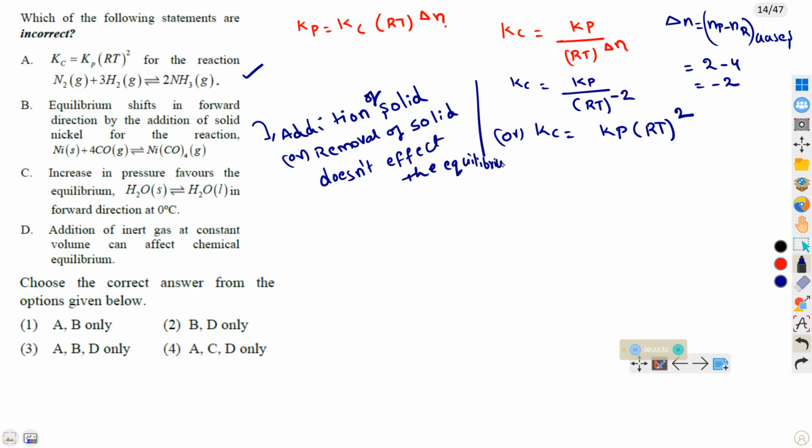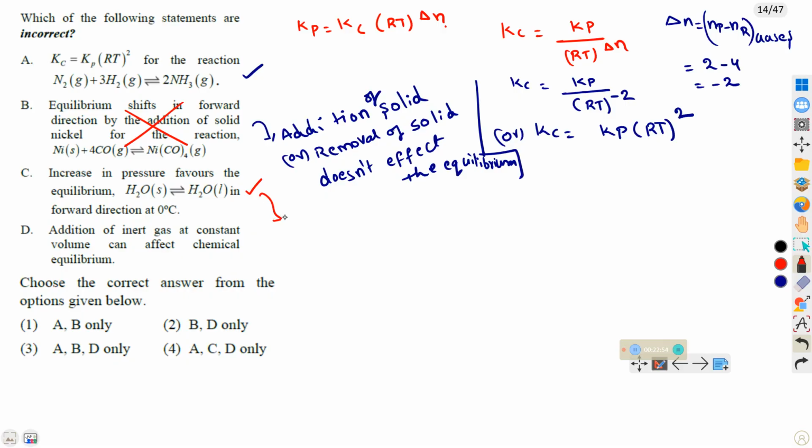So B statement is wrong. Increase in pressure favors the equilibrium. H2O solid gives rise to H2O liquid in the forward direction. This is the correct statement only.